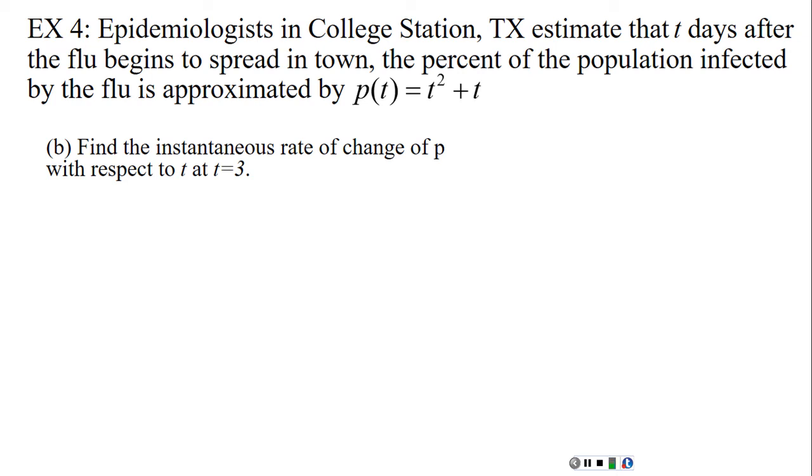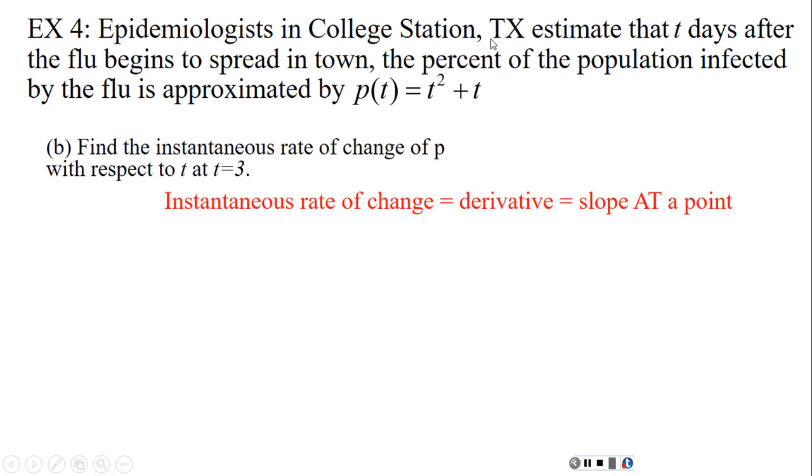So the only way we know how to find the instantaneous rate of change, the derivative, the slope at a given point, at this stage in our calculus career, is the limit definition of derivative. So the very first thing you should write down is what? The limit definition of derivative. If this is a 10-point problem on your test, you get a point for at least writing down the correct limit definition of derivative. So that's nice to know.